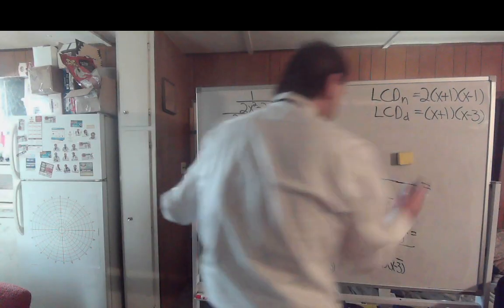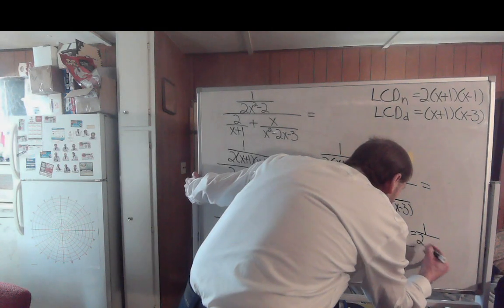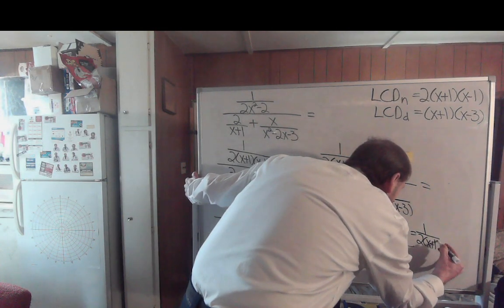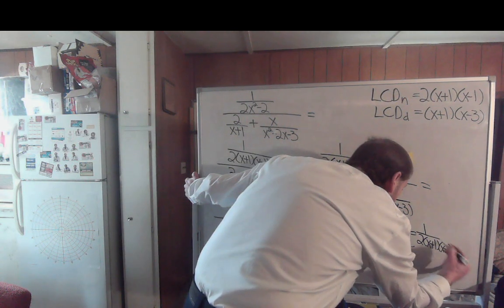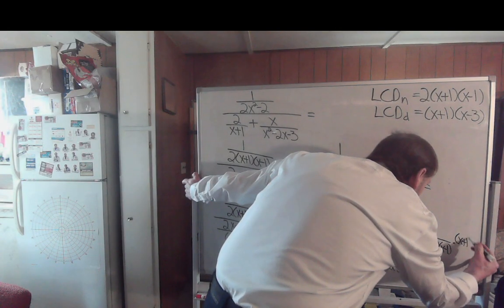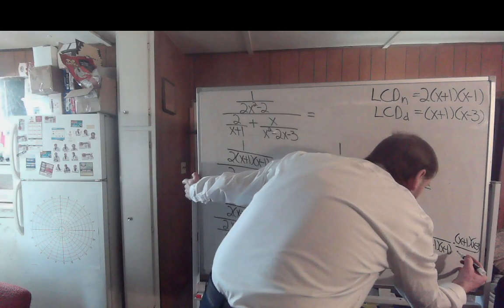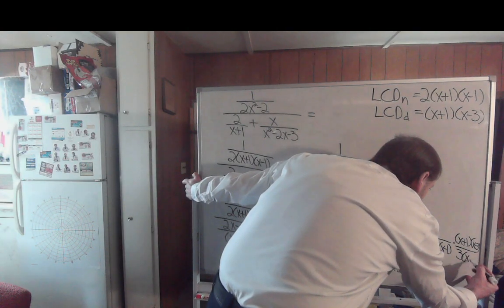Let's see if I can make this work. So yes, 1 all over 2 times x plus 1 times x minus 1 times x plus 1 times x minus 3 all over 3 times x minus 2.